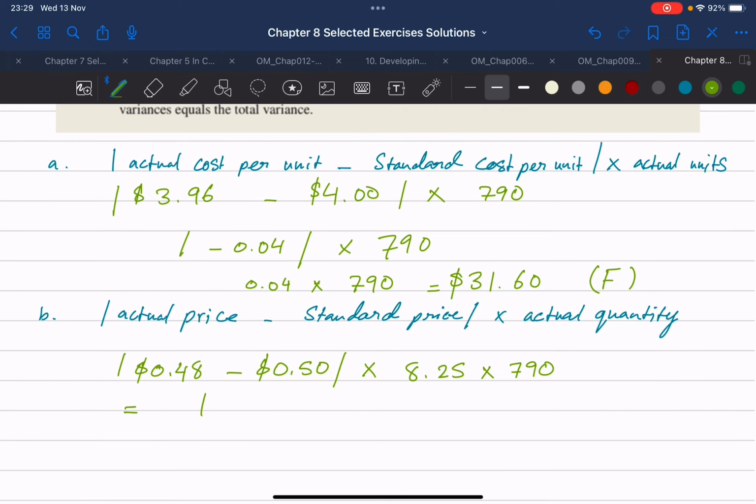Here we're going to have the absolute value of 2 cents, or negative 2 cents, multiplied by 8.25 multiplied by 790. That's 6,517.50.